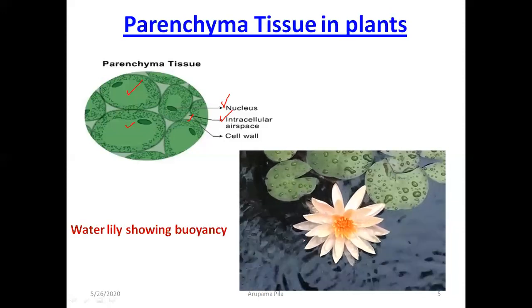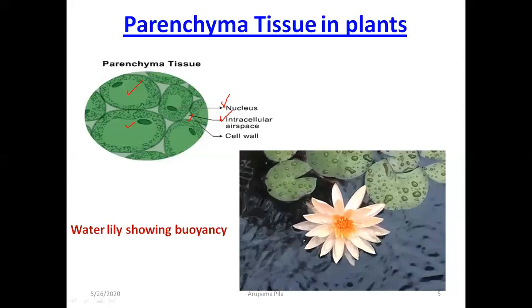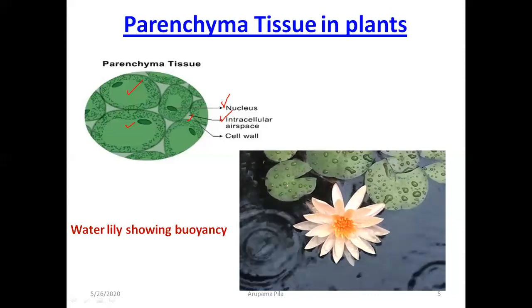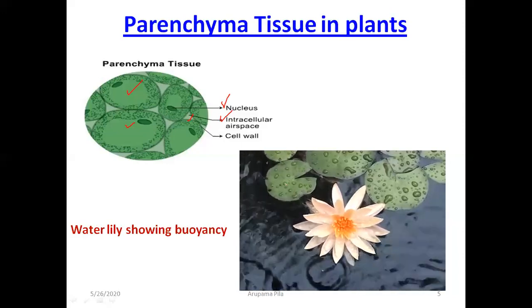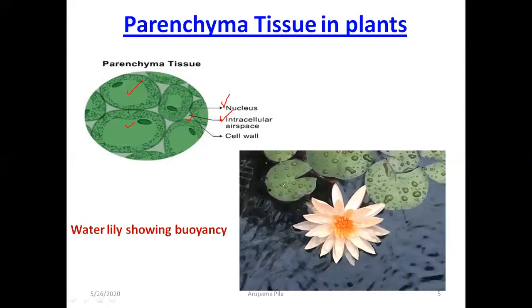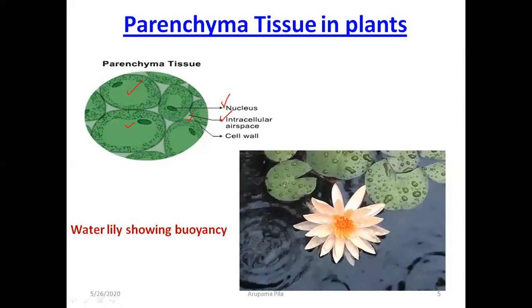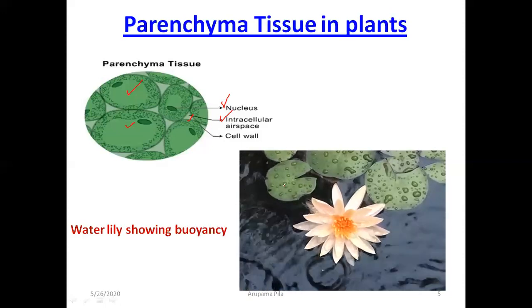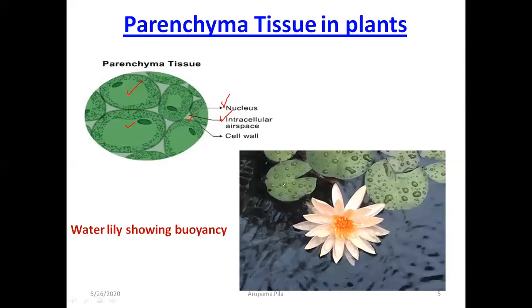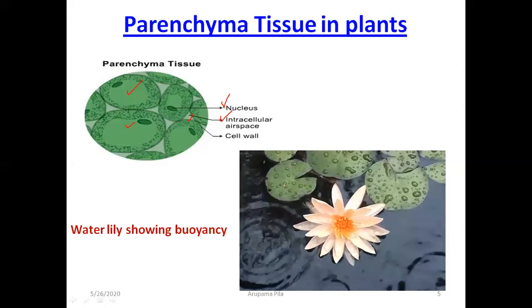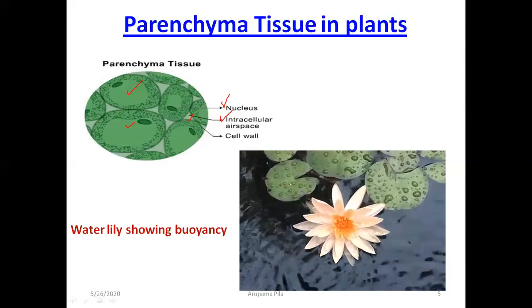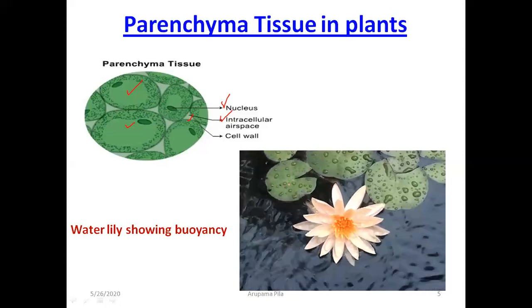In aquatic plants, in the cells of the parenchyma tissue, air spaces are present, and these air spaces help in the process of buoyancy, because of which the leaves float on the water. Clear?